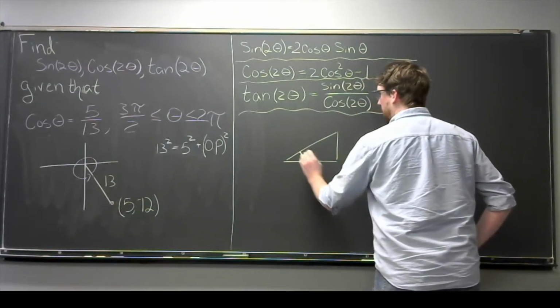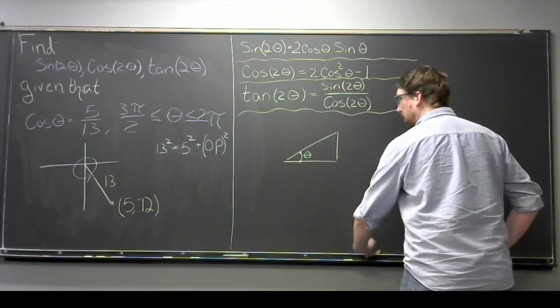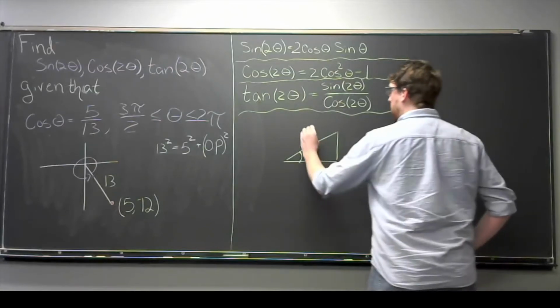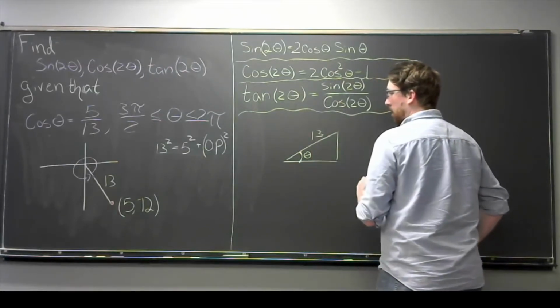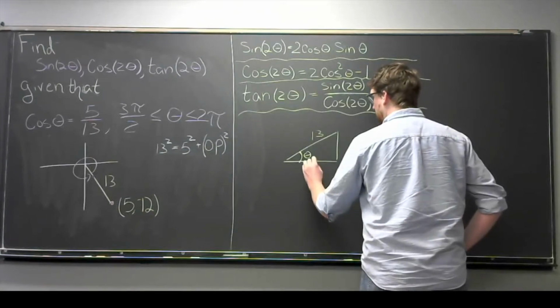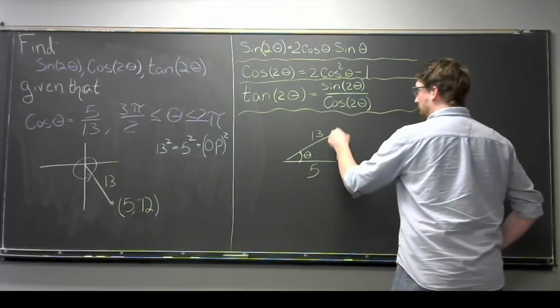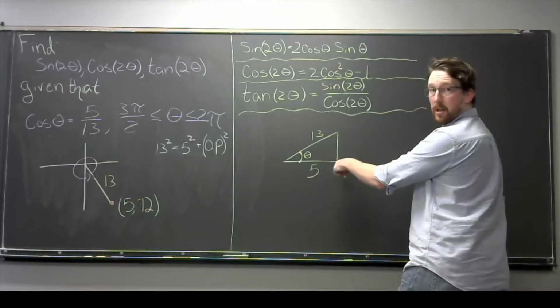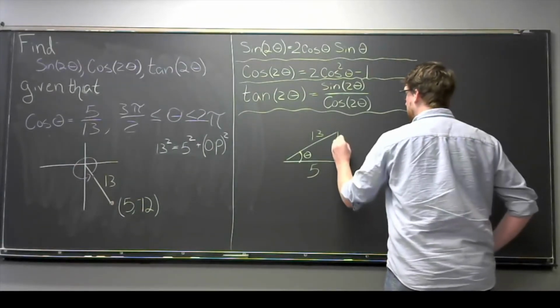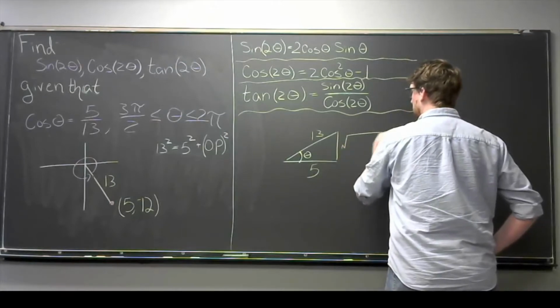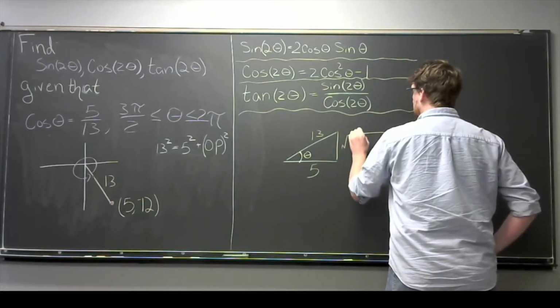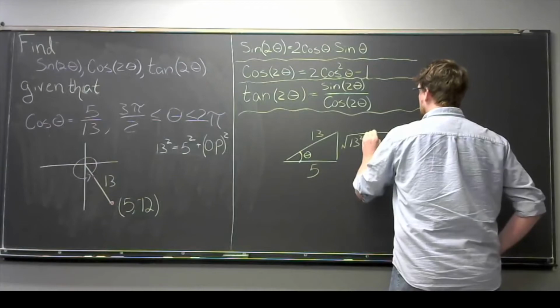It has angle theta. I know the hypotenuse is 13, and I know the adjacent leg is 5. So this leg must be the square root of 13 squared minus 5 squared.